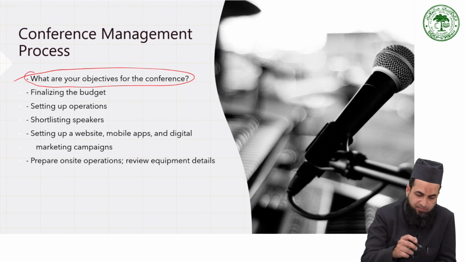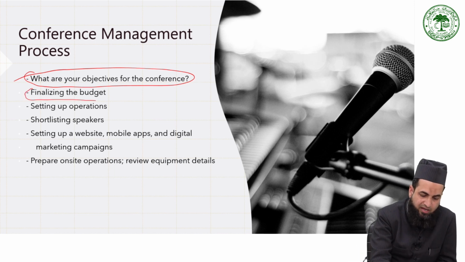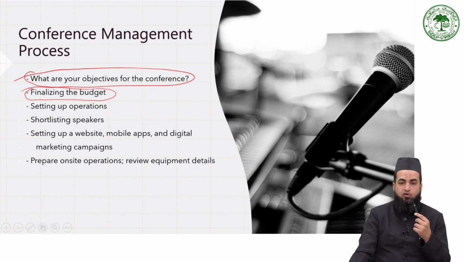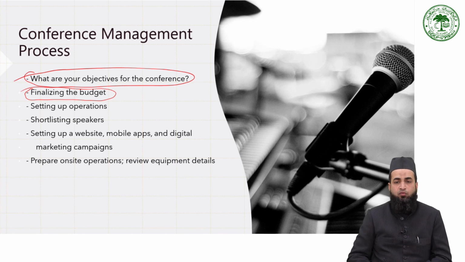Next, step number two is finalizing the budget. Once the purpose of your conference has been defined, work on the overall budget. What are the major and minor expenses you will incur?